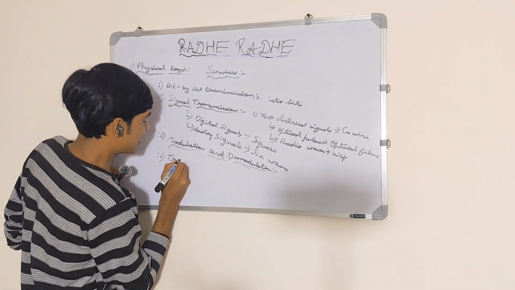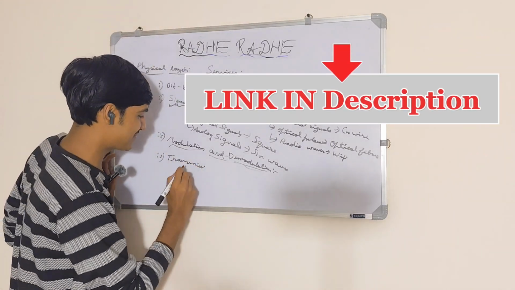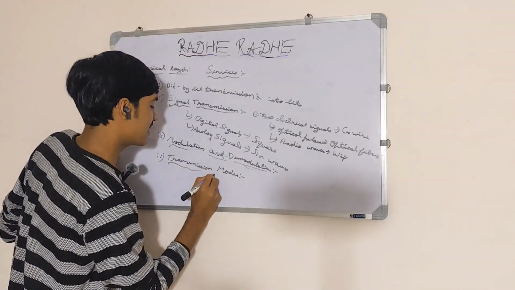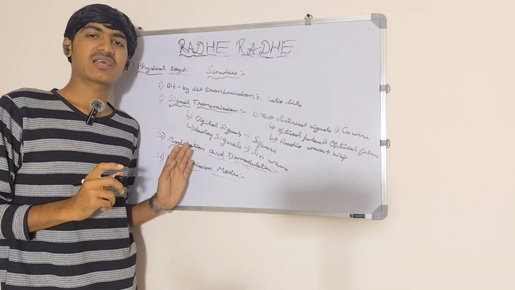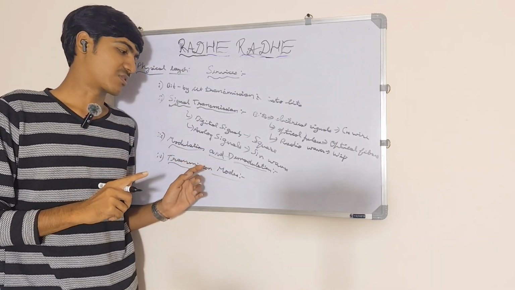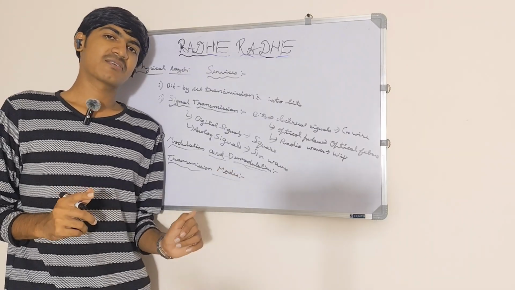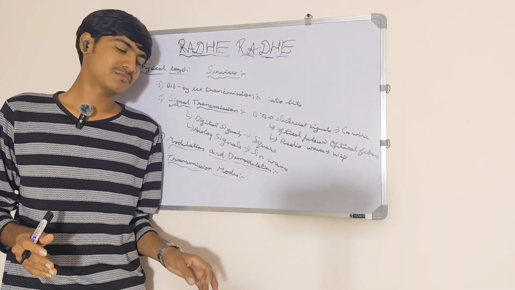Fourth thing, transmission modes. Physical layer is responsible for determining the direction of data flow. That is what is called transmission modes: simplex, half duplex, full duplex. Simplex means one can be sender and one can be receiver, not vice versa.